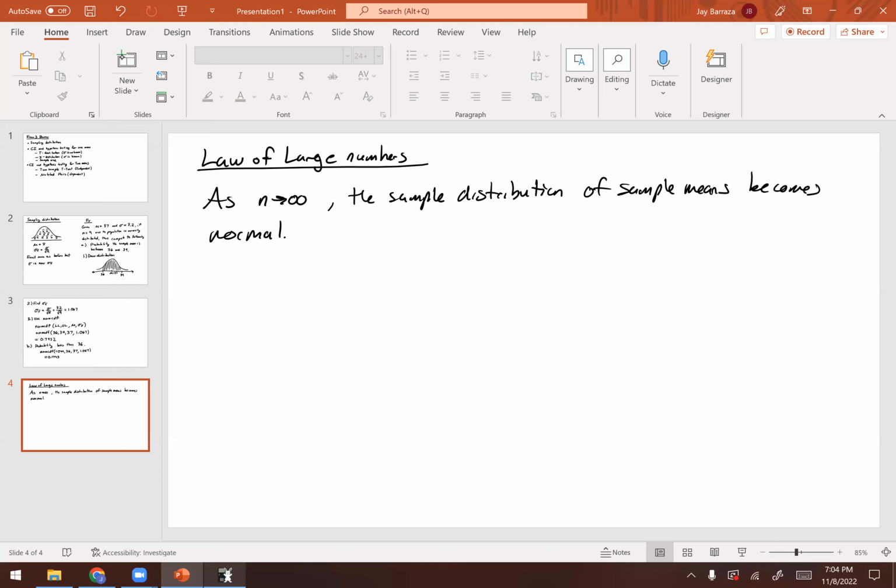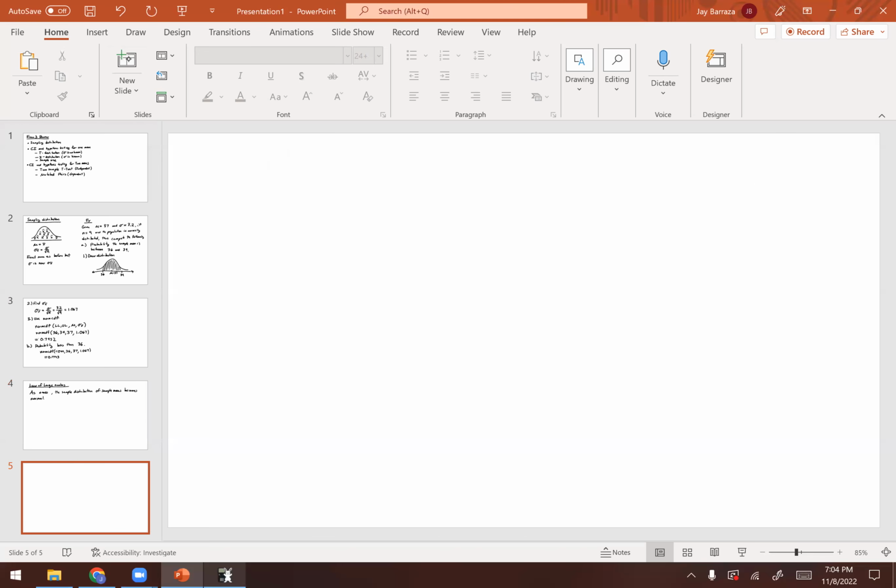Okay. So then now we'll dive into one mean, confidence interval, and all that stuff. So now let's talk about one mean, confidence intervals. We'll do the confidence intervals first. Okay.